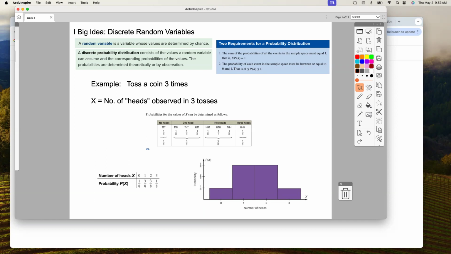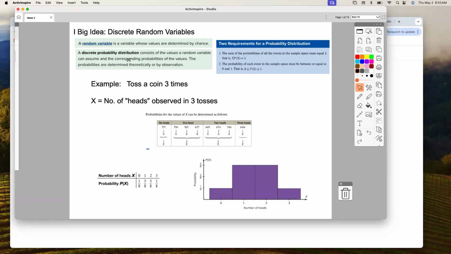So one of the things that we're going to be talking about is this idea of a discrete random variable. Remember, discrete is a term used to determine distinct counting objects, principles, those sorts of things. And so here, first of all, we define a random variable, and this is just from your textbook.